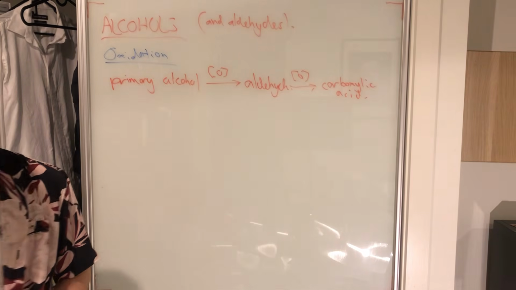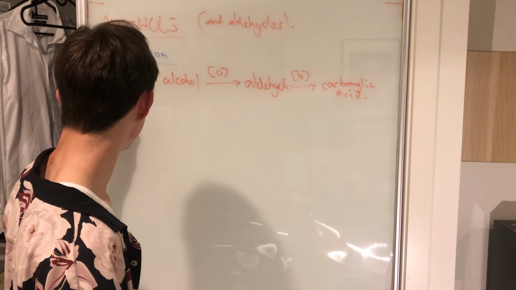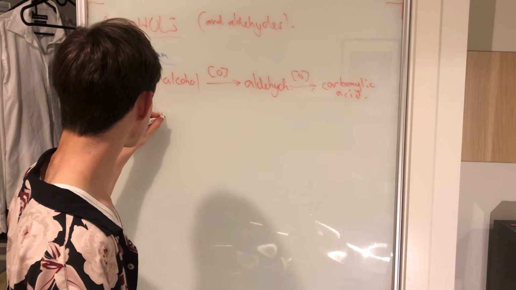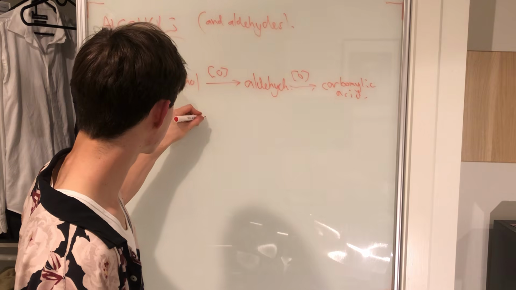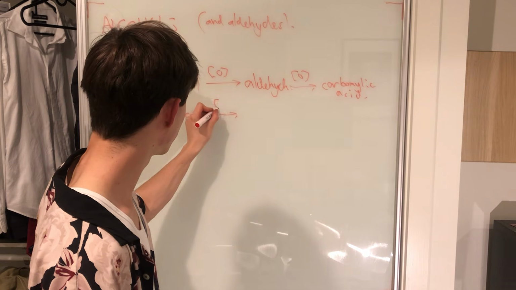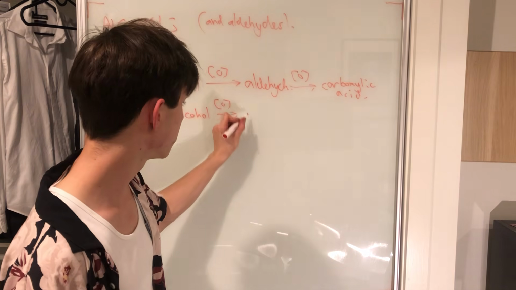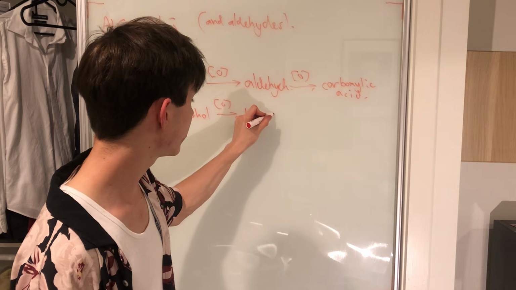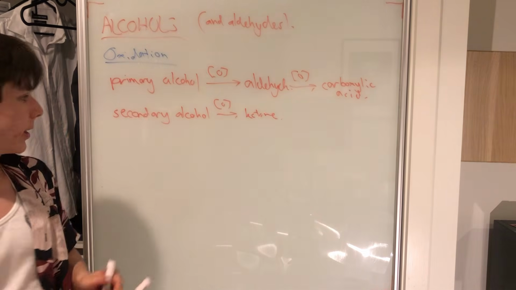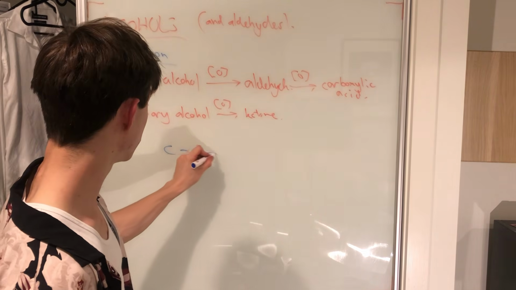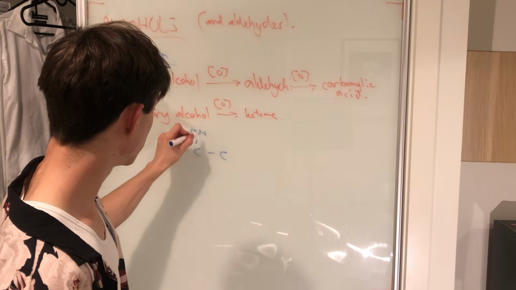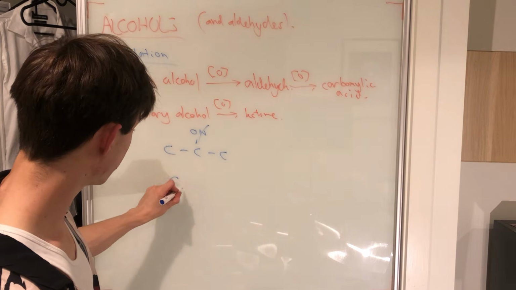Now, if I oxidize a secondary alcohol, I get a ketone. And you might see what I mean. Let's draw a secondary alcohol. I'm removing this hydrogen and forming a double bond.